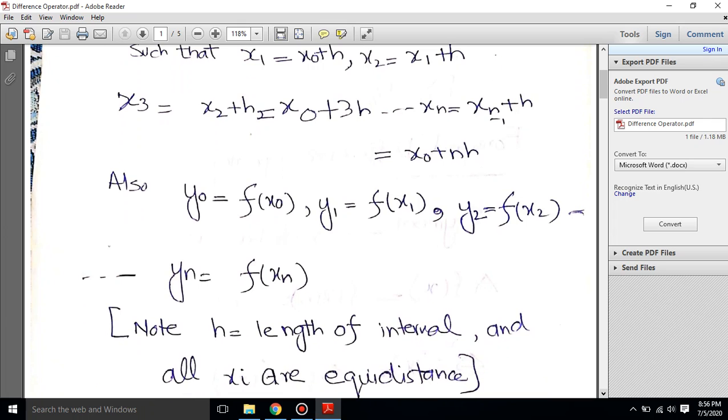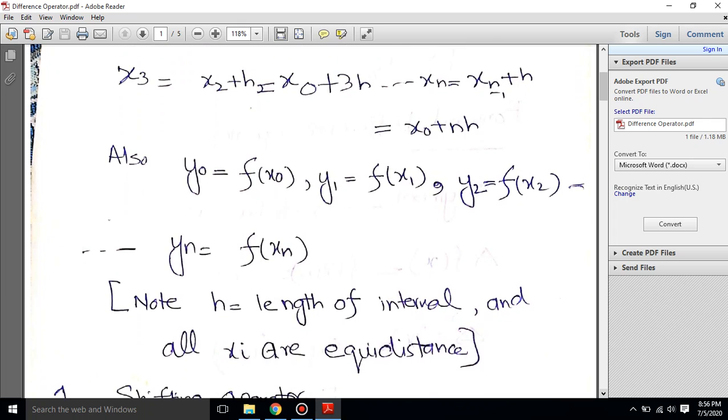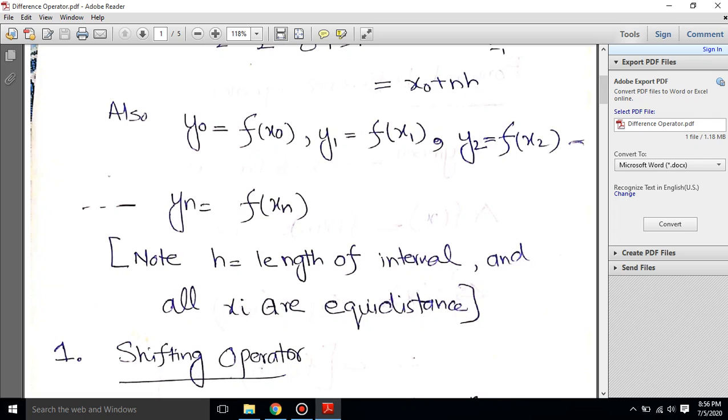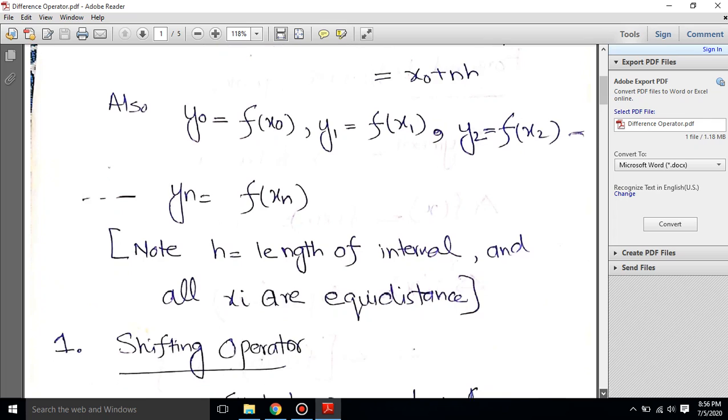These are all the things that you have to remember as far as our interpolation formulae are concerned. Note that h is called the length of interval, and all the xi that we are defining here, like x naught, x1, x2, and so on up to xn, are equidistant. They have the same distance between them.